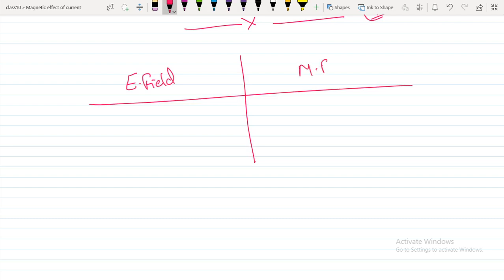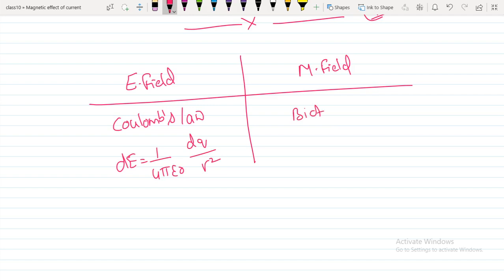The electric field we represent according to Coulomb's law: E equals 1 over 4 pi epsilon naught times dq upon r square.